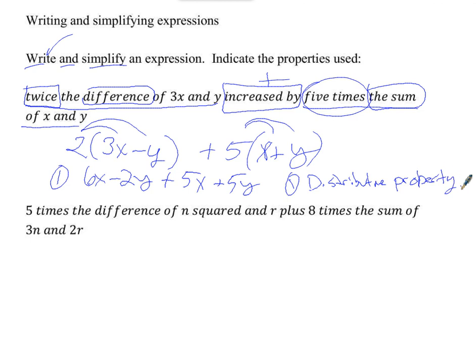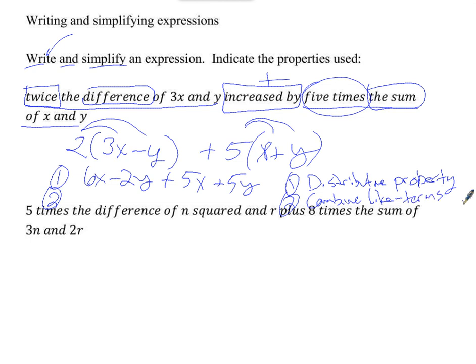Okay, step 2, now what? I said it last time, I'm going to say it again. After you distribute, you always combine like terms. So step 2, we already know what the property is going to be over here. We're going to say combine like-terms.